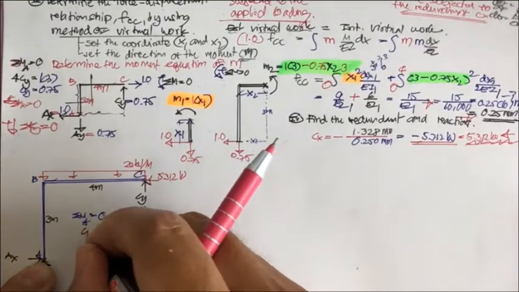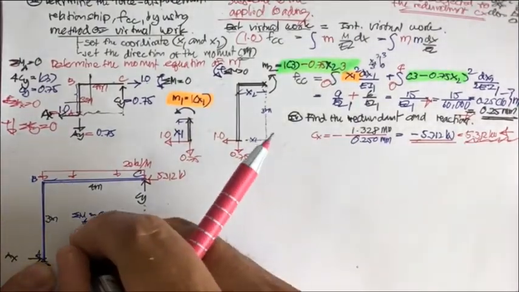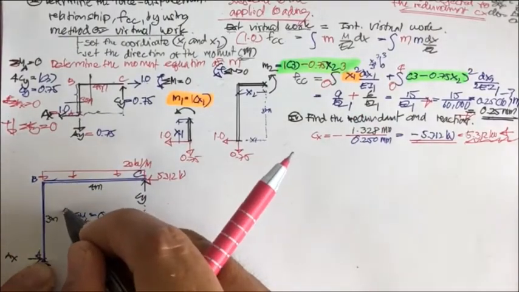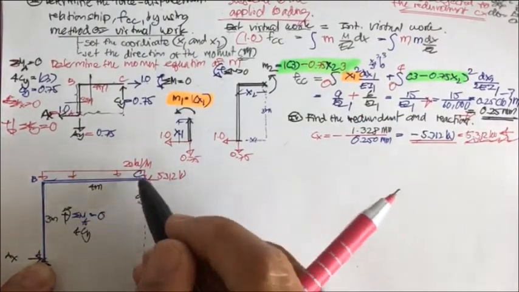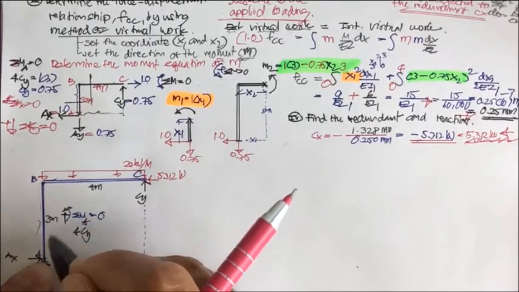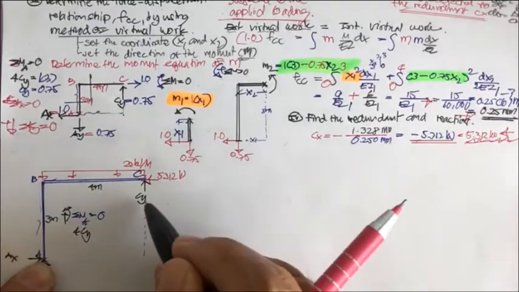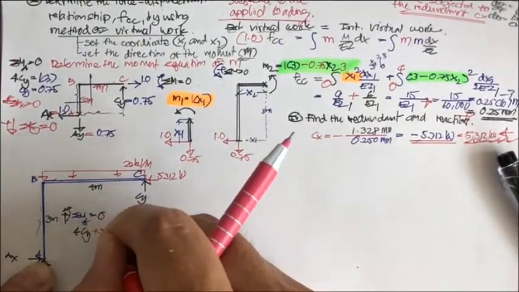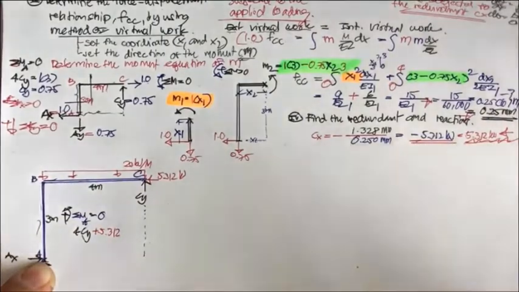You're going to have C sub y times 4, and it's going to be in this plus direction. And this one also times 3 meter. Okay, this one is going to be in the same direction as C sub y, plus 5.312, and then you times it by 3.